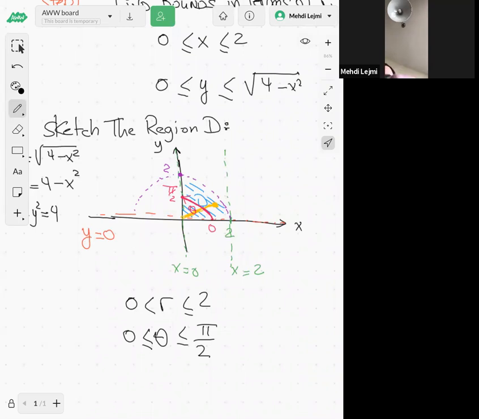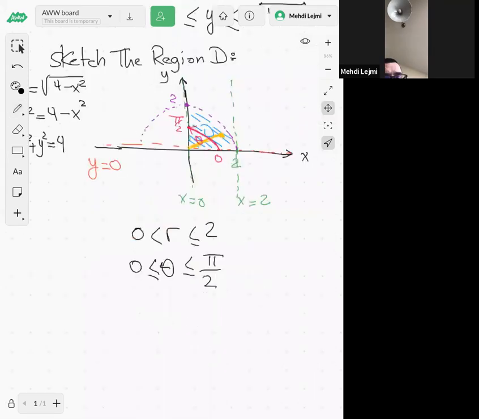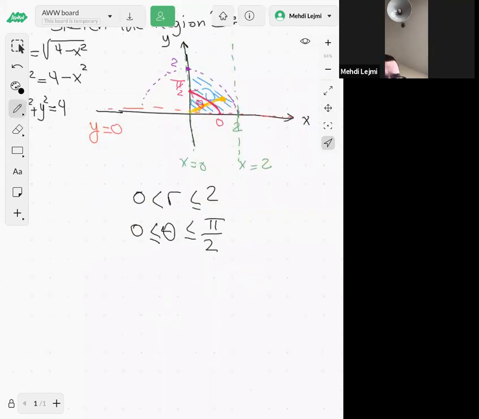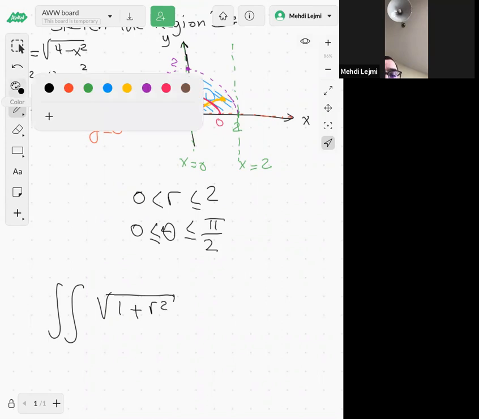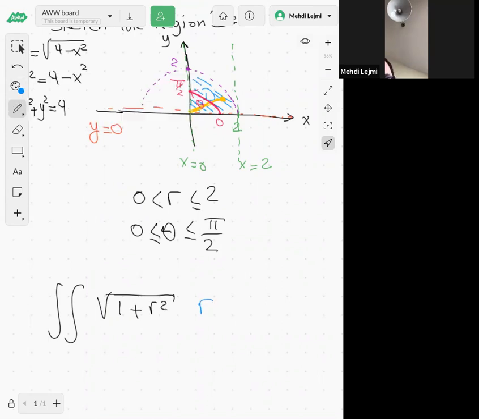Anyway, so then my integral would be the square root of 1 plus x squared plus y squared, so that will be the square root of 1 plus r squared, dy dx. The Jacobian for the polar coordinates is r, so it's dr d theta, with r from 0 to 2, theta from 0 to pi over 2.